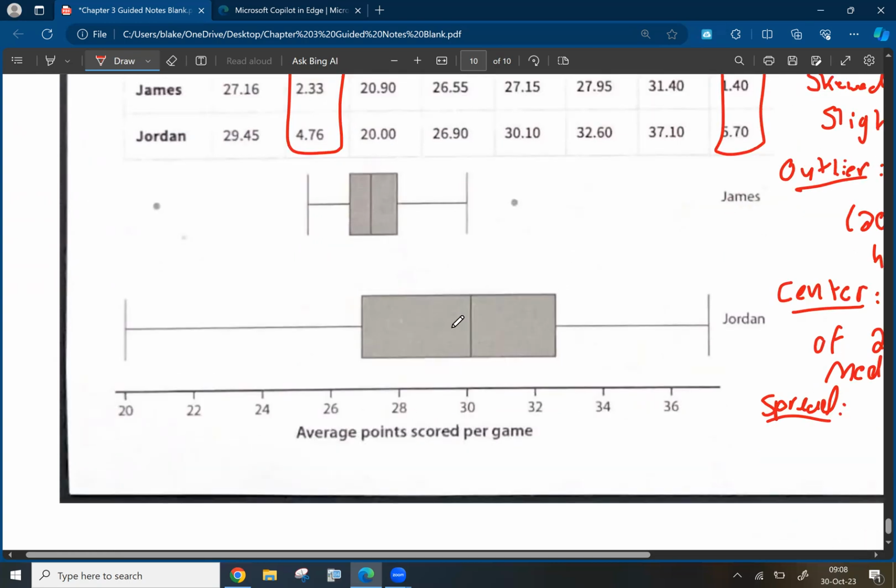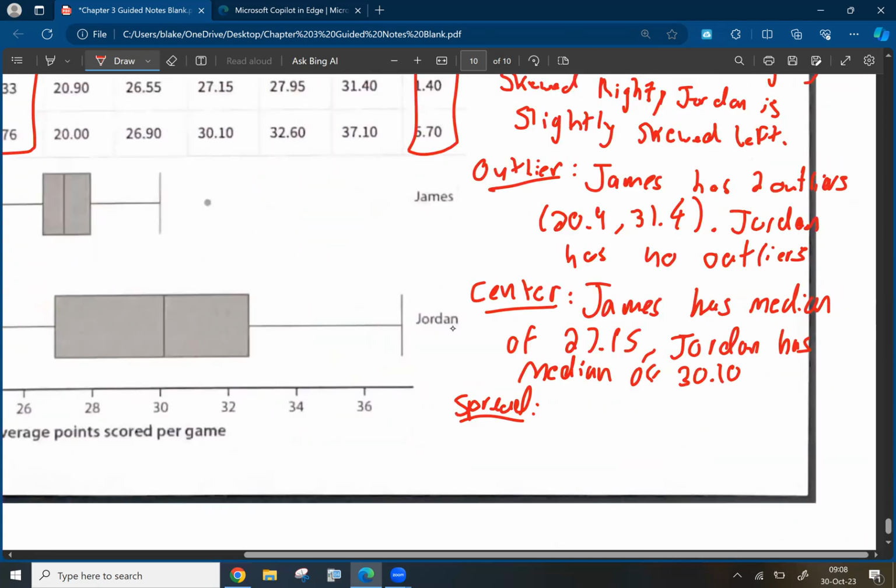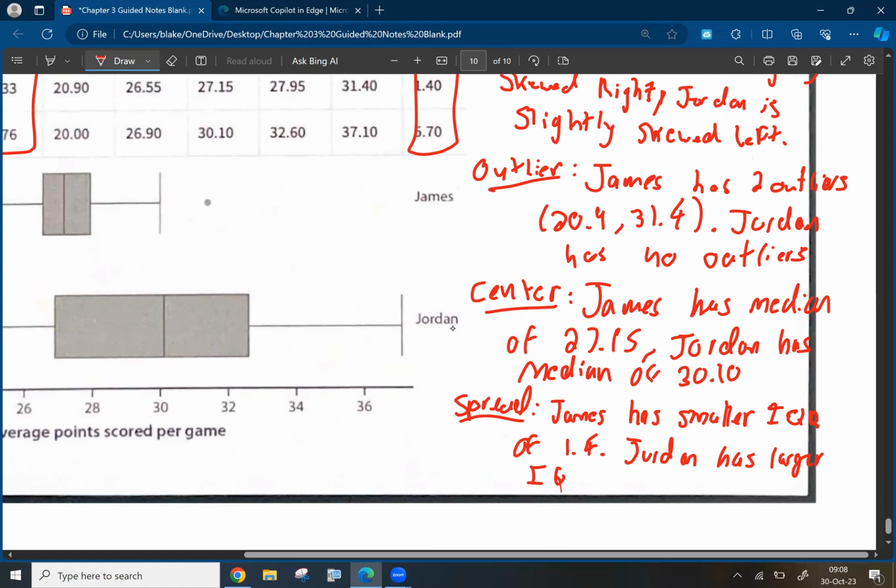We can see that in the pictures too. So James has a smaller IQR of 1.4. Jordan has a larger IQR of 5.7.